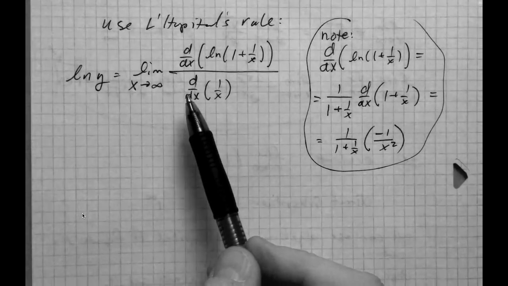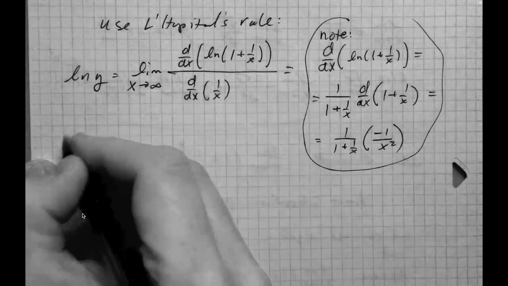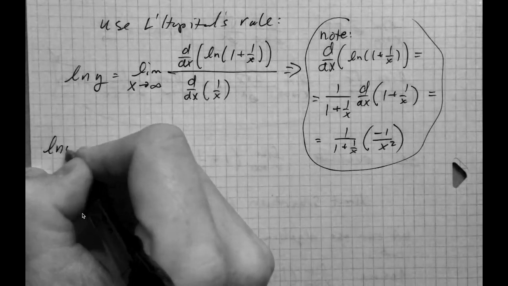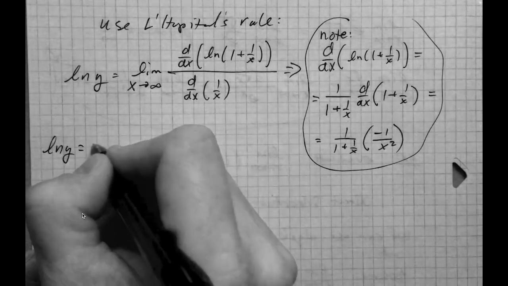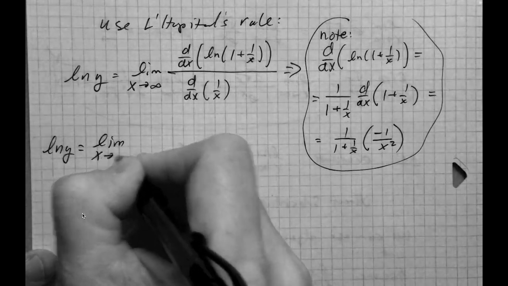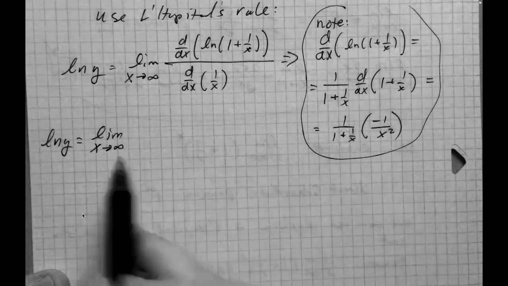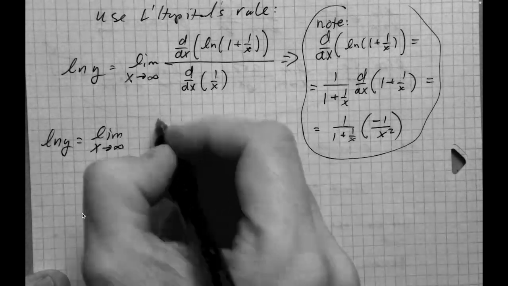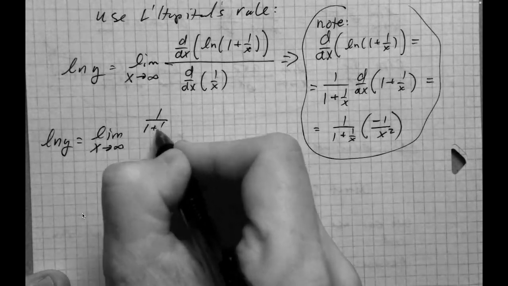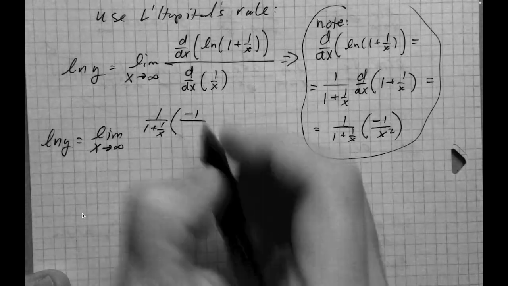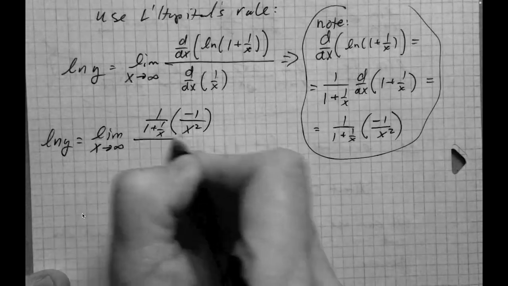So let's continue. Okay, so that's going to imply that the natural log of y is equal to the limit, just plugging those functions in. All right, this is going to be the limit of 1 over 1 plus 1 over x times negative 1 over x squared.